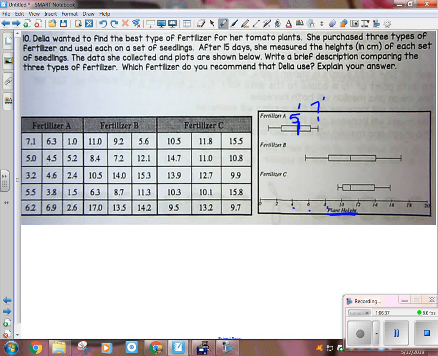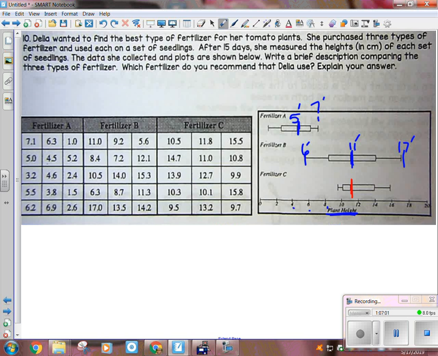What about fertilizer B? Fertilizer B averages around 11 feet tall. Okay, but the highest got up to around maybe 17, 18, but the short ones only got 6 feet tall. So there was a wide range of heights here. Okay, what about the last fertilizer? Well, the last fertilizer, and these are all the data points, and these are the box and whiskers.